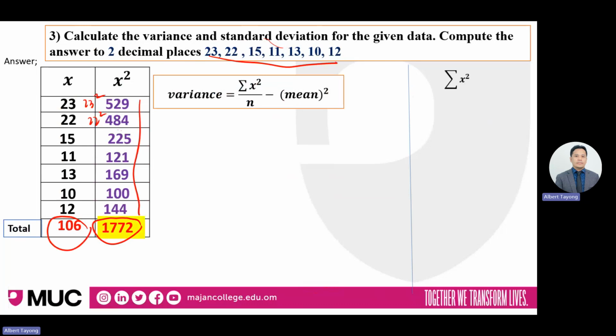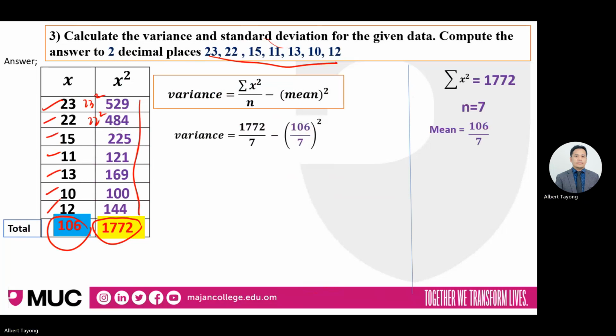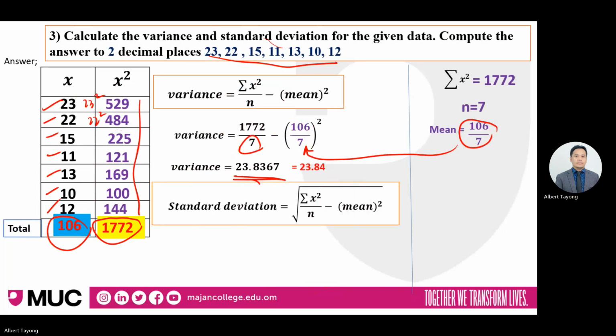Then we get the sigma x squared, 1772 over 7, because 1, 2, 3, 4, 5, 6, 7. Okay, so we substitute these values. Here over 7. Be careful because we have total number of scores 7. This is the variance and the standard deviation.